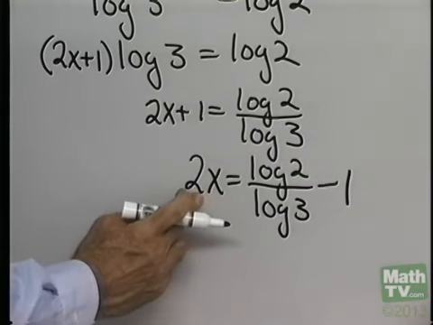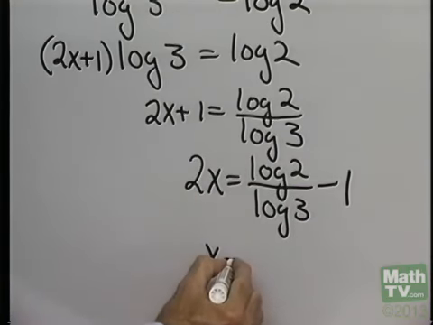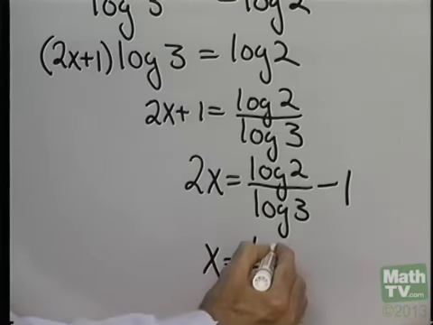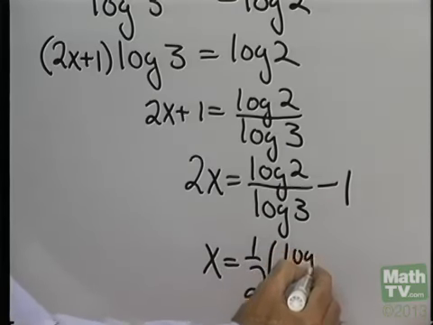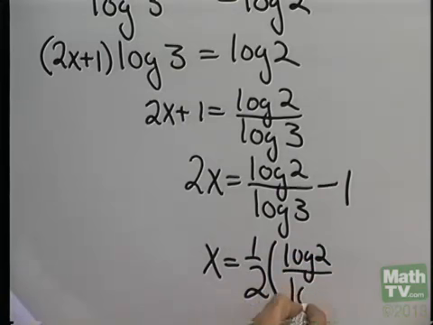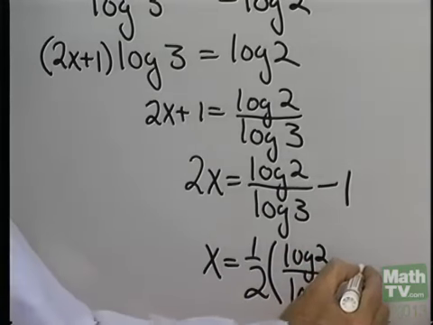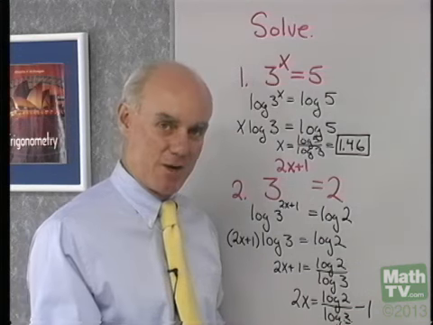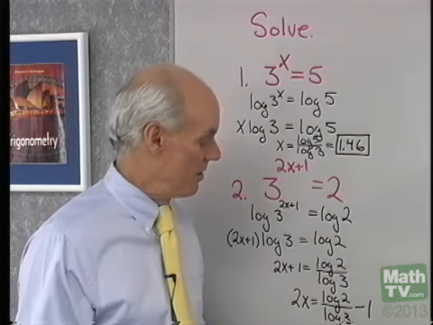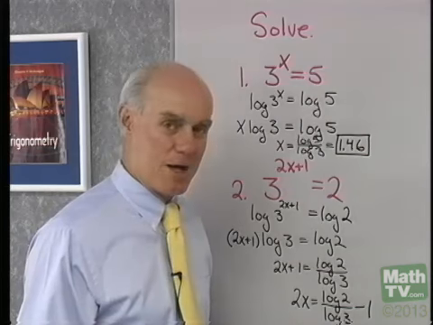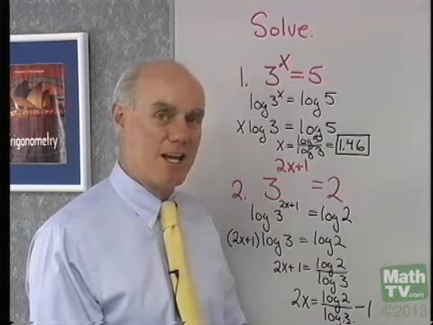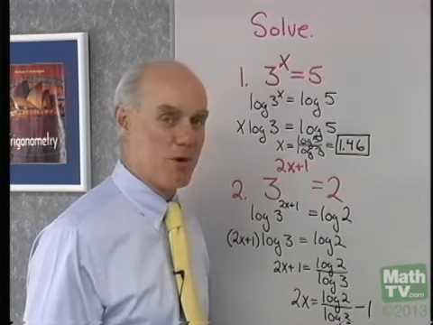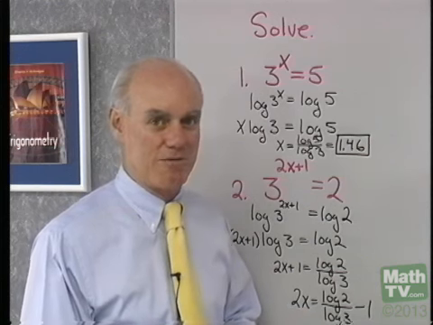I'll multiply both sides by 1/2, and I have x is equal to 1/2 times the quantity log 2 divided by log 3 minus 1. So this is the exact value right here. I can find an approximate value by going to my calculator, put in log 2, divide that by log 3, subtract 1 from that, take that whole thing and multiply by 0.5, and you'll get a decimal approximation for x.